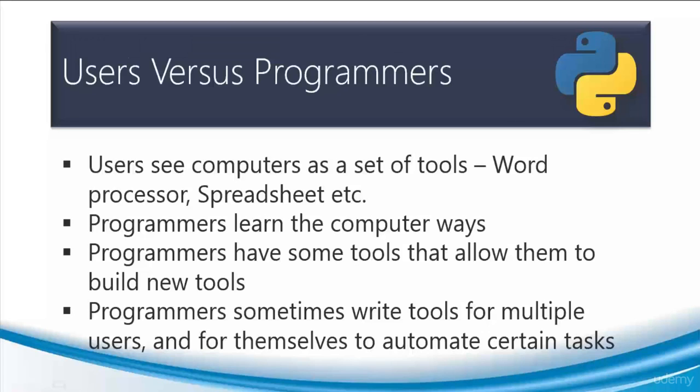A good example using Excel would be to create a macro or a Visual Basic script that automates your addition, subtraction, or any task you're doing in your Excel environment. Similarly, you can create macros in word processing programs and a host of other enterprise-wide applications. So users simply use the tools, and programmers automate those tools or speak the computer's language.